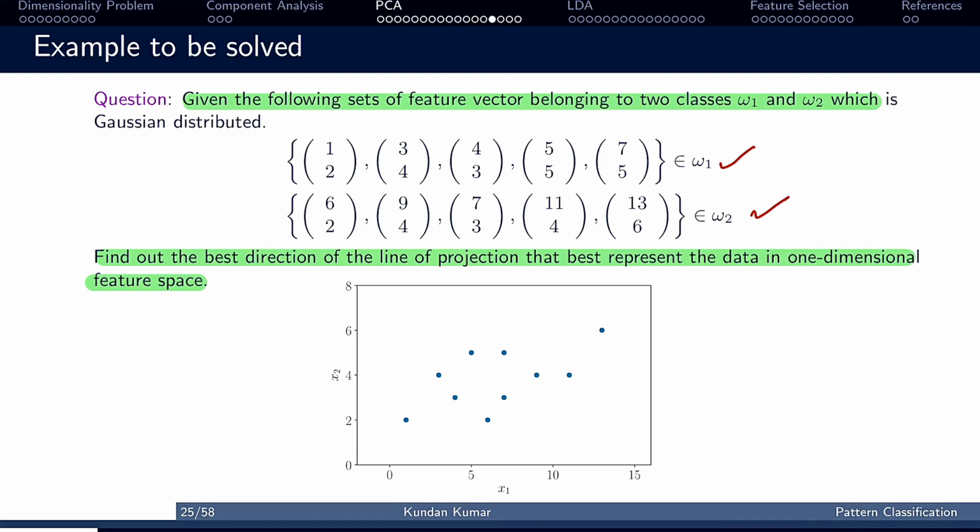So, here we have to find the direction of the line of projection that best represents the data in one-dimensional feature space, something like this, in this direction. So, this is e1 and the other direction will be e2.